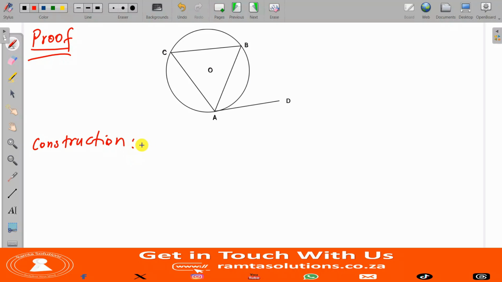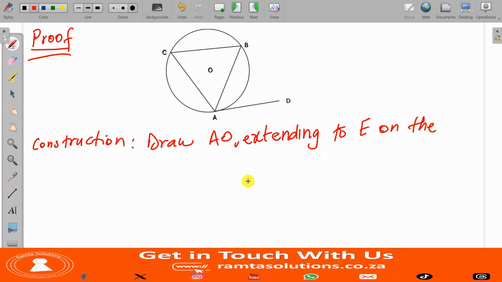In that construction, we are going to draw AO extending to E on the circumference.